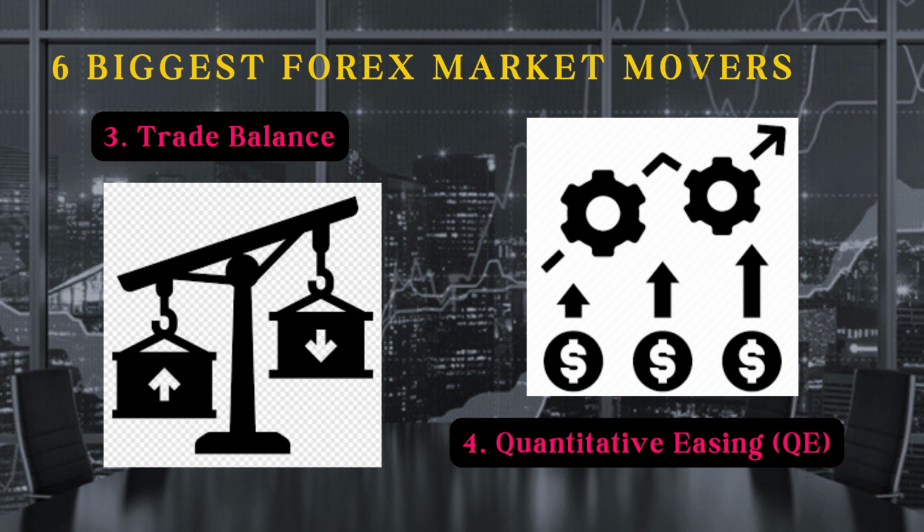Let us now look at the fourth market mover, that is quantitative easing, that is QE. QE expands central bank's balance sheet and money supply. It is linked to inflation as money supply affects purchasing power.